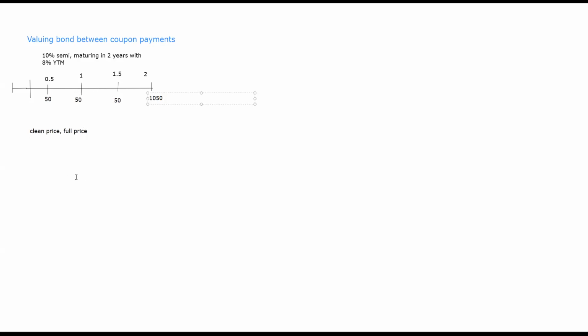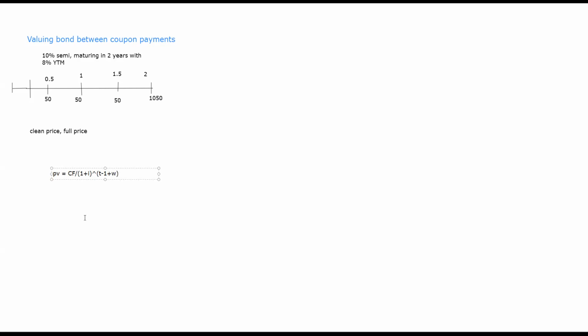For discounting each of these cash flows, you will use this formula for calculating the present value, which is each cash flow divided by 1 plus I raised to the power t minus 1 plus w, or you can say omega.